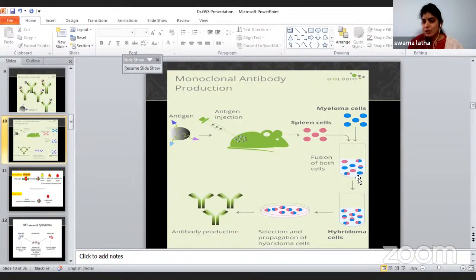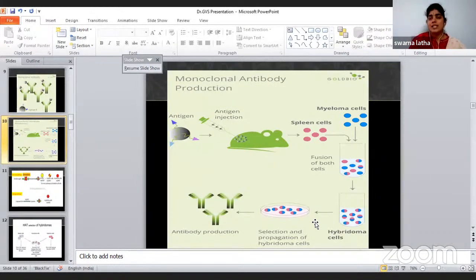Myeloma and myeloma cells can also fuse and form a hybrid. Along with that, we will also get the desired spleen and myeloma hybrid, but we need to select it from that medium.